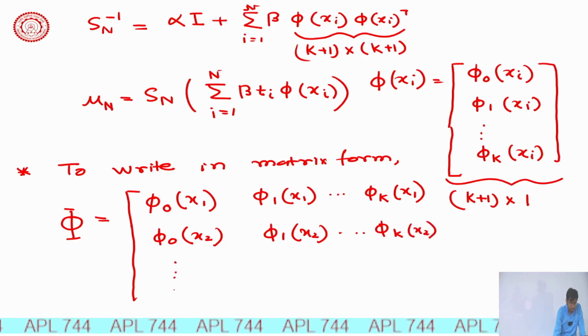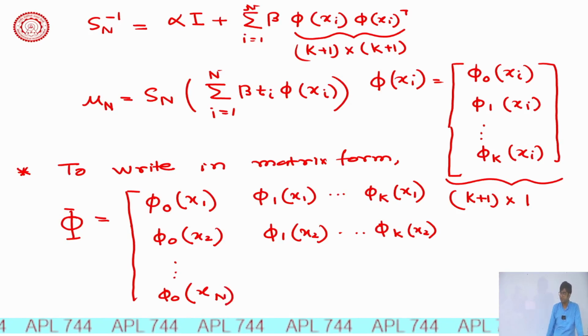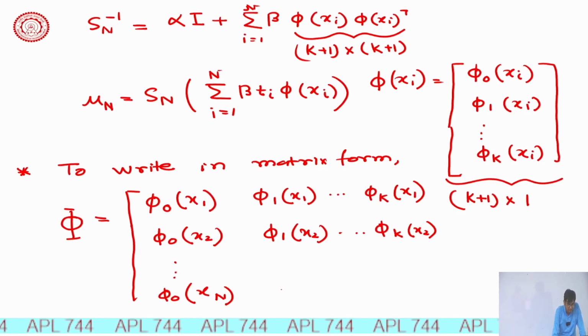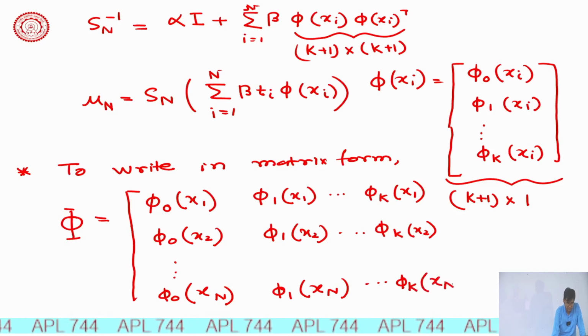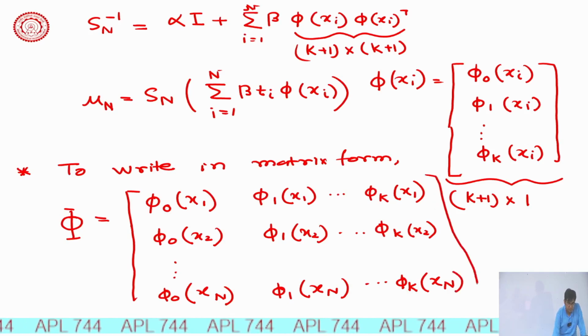The last one will be phi 0 x n, because you have n training samples, n data points is what we assumed, phi 1 x n, phi k x n. So, this is your matrix, and this matrix has a name.